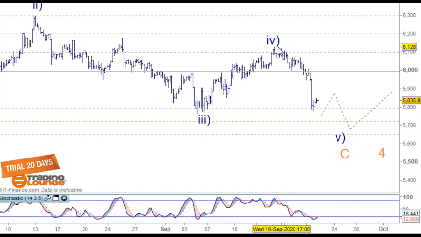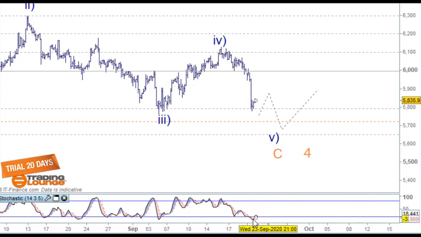So if we count 5 waves down here and then it moves past that, then we know that we've got a problem at that point. Well, not a problem, we know that we've got an opportunity that we can short to a much deeper, faster market to the downside at that point.